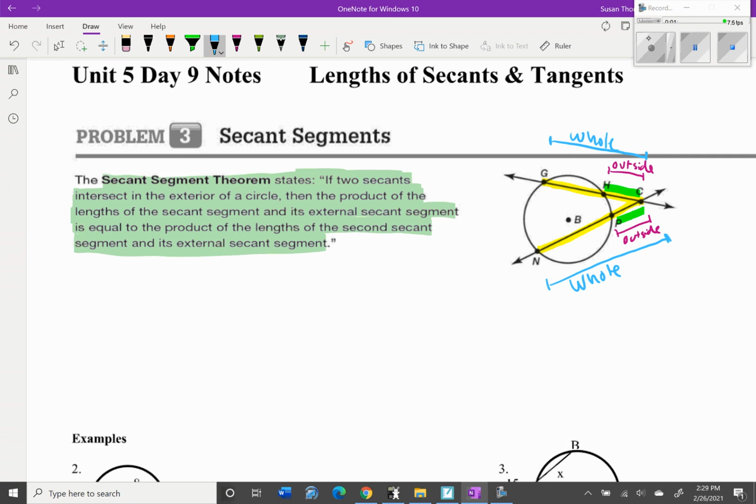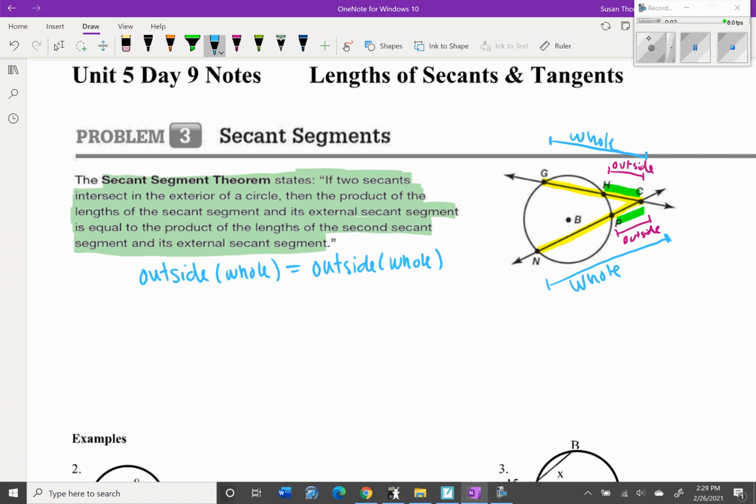So if we write it in these terms, that means that the outside times the whole is equal to the outside times the whole.